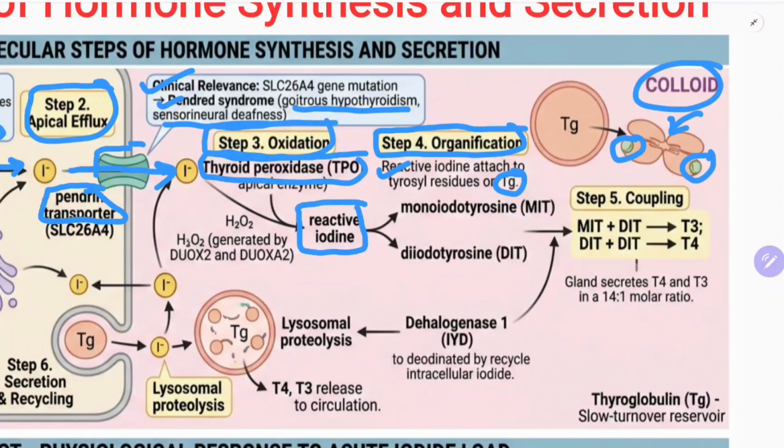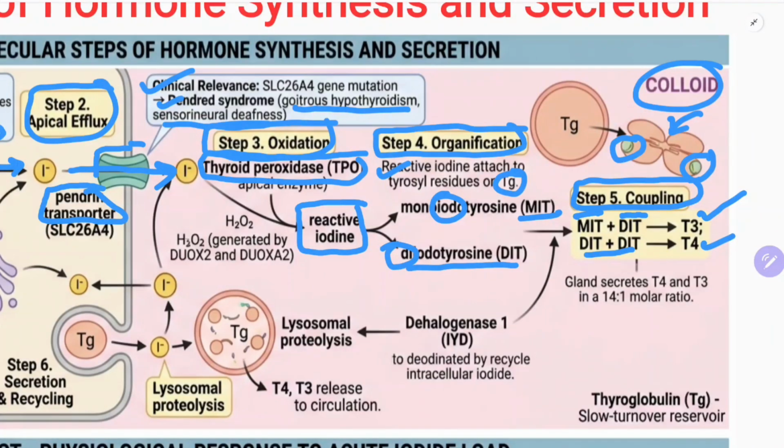If one molecule of iodine is attached to thyroglobulin, that is known as MIT, monoiodotyrosine, or if two molecules are attached, that is diiodotyrosine or DIT. Now the fifth stage is coupling. MIT has one iodine and DIT has two iodines. When MIT is combined with DIT, it forms T3, and when DIT is combined with DIT, it forms T4.